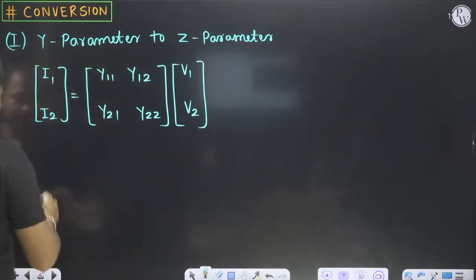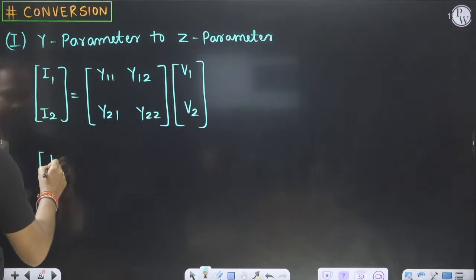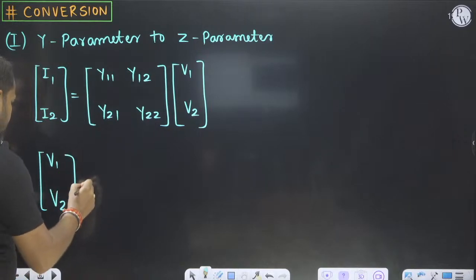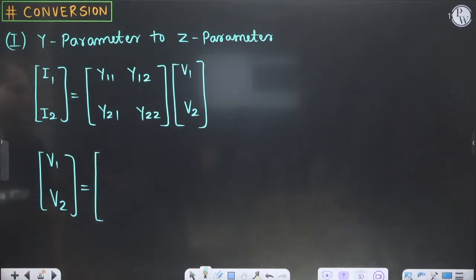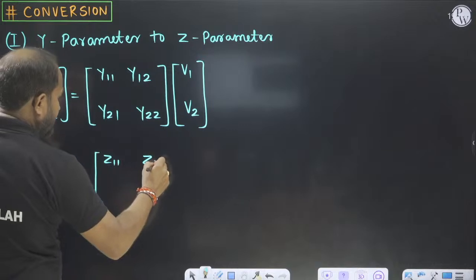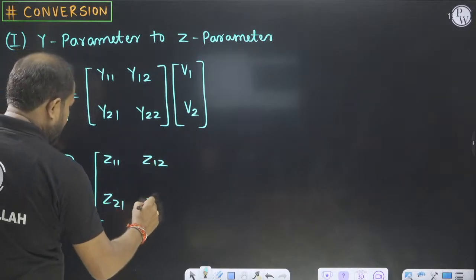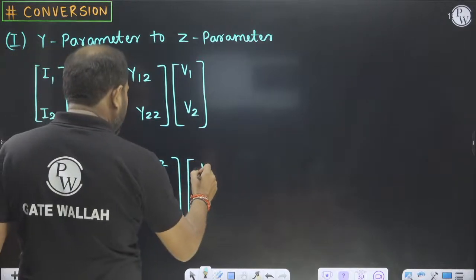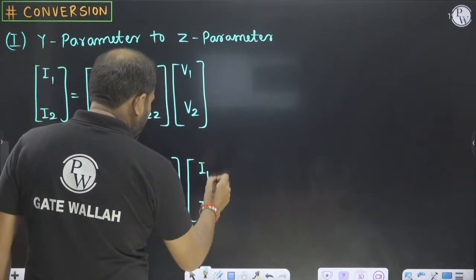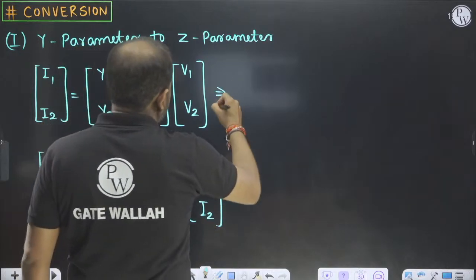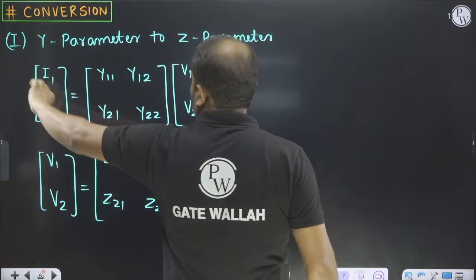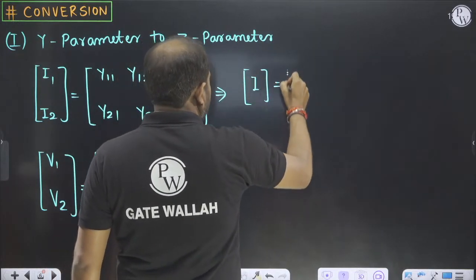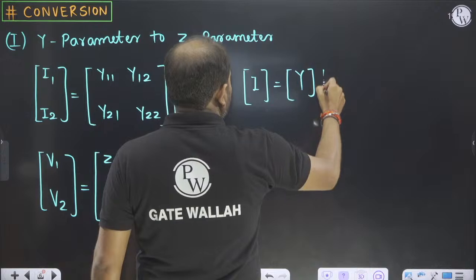Here V1 and V2 are the inputs, and this one is Z11, Z12, Z21 and Z22, times I1, I2. So it will be converted like this. This matrix is the matrix for I, this one is the Y parameter and this one is V.